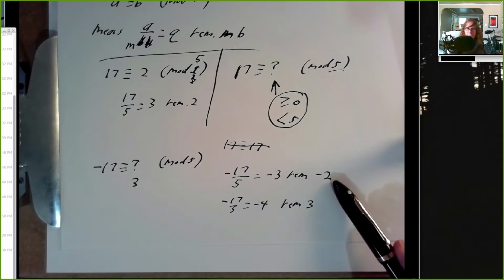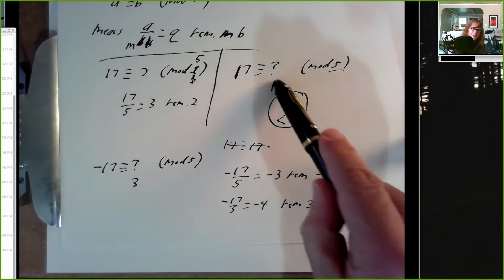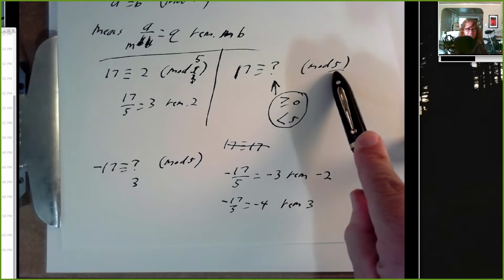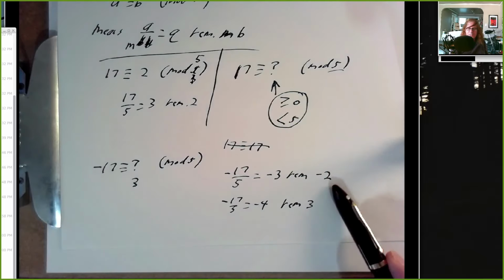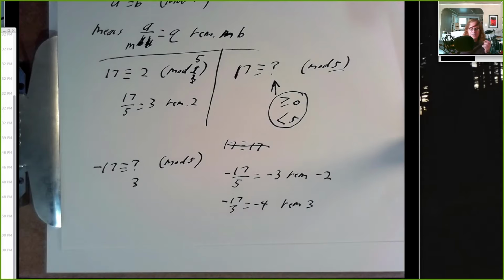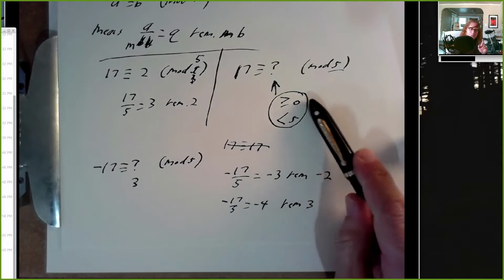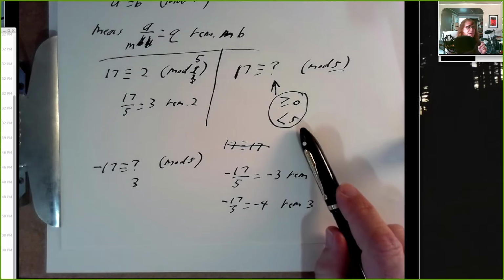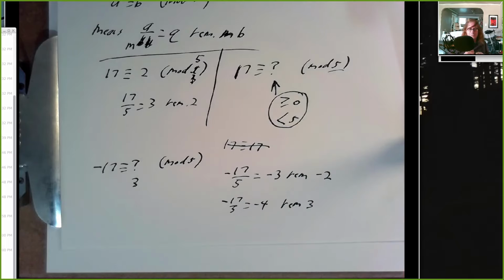It's congruent to negative 17 also. Okay, so this idea that this thing should be between 0 and 5 minus 1 doesn't mean that 17 is not congruent to negative 2. It is. But there is always a unique thing that a number is congruent to, where that thing is bigger than or equal to 0 and less than the modulus. And that's often the thing that we're looking for.